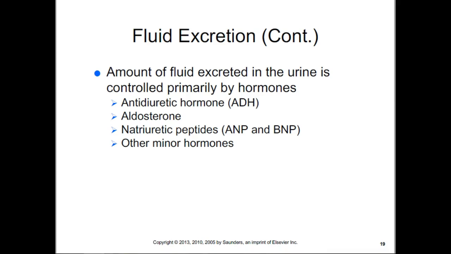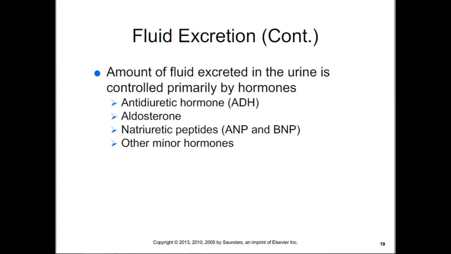The deeper you go into the collecting duct, towards your renal pelvis and your ureter, the more fluid we reabsorb. So if you are not making antidiuretic hormone, then you're going to lose more fluid and not reabsorb it. I want you to understand that.